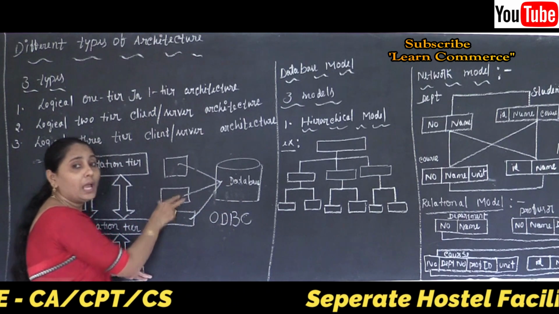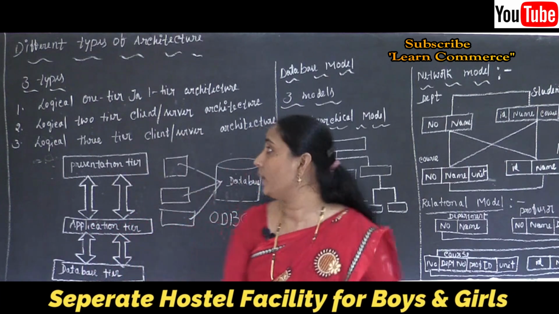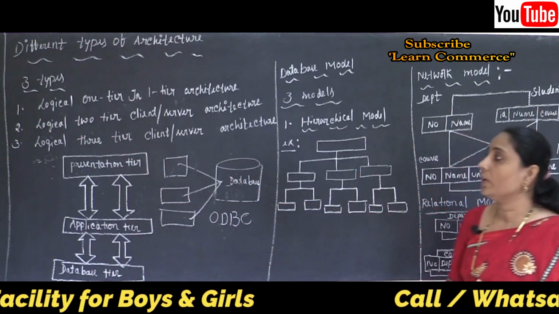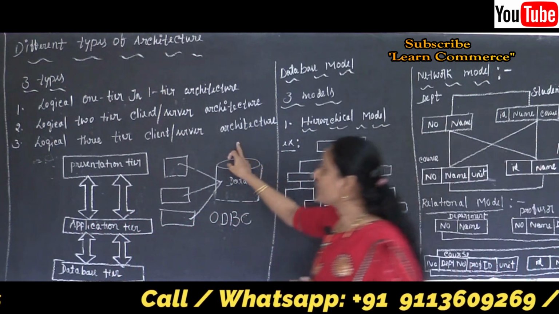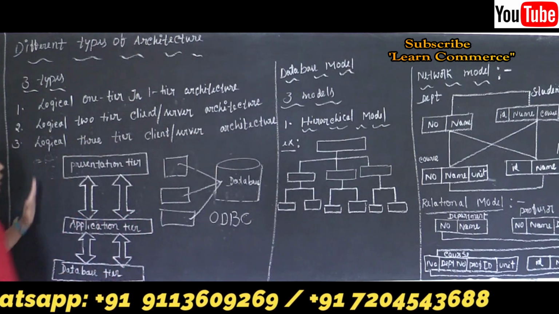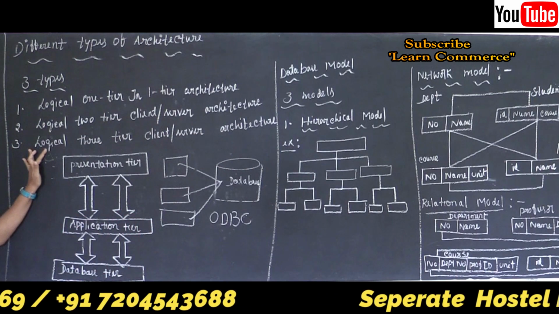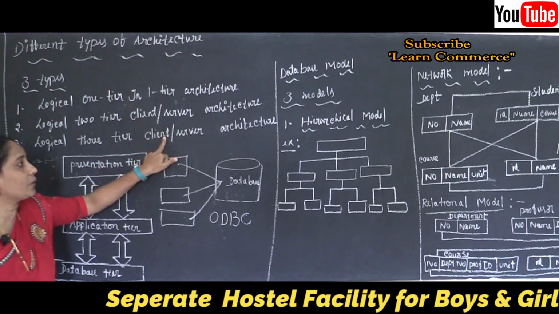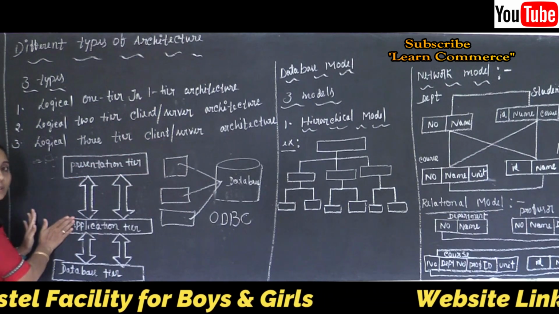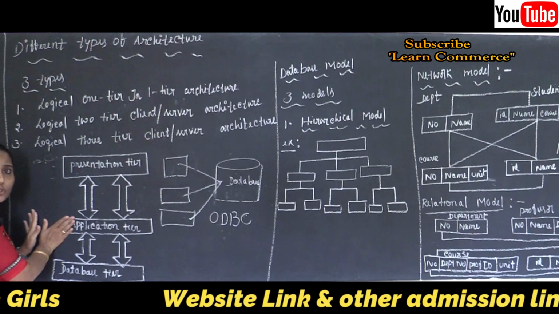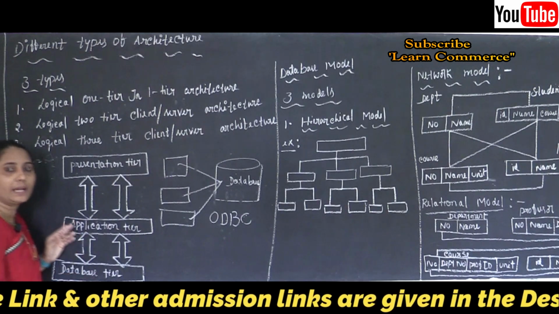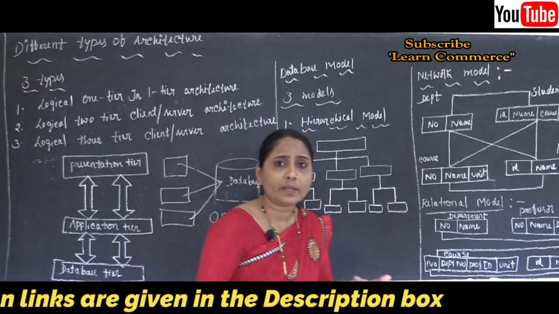Clear this point? And later next one is about our three-tier, that is called the logical three-tier client server architecture. Now we already know that. This diagram is applying to our logical three-tier client server architecture. So what about the logical?